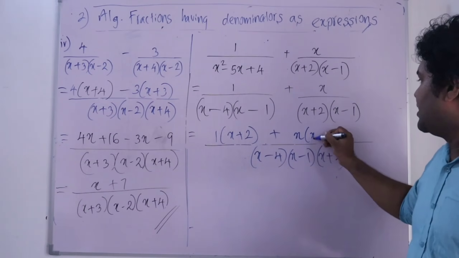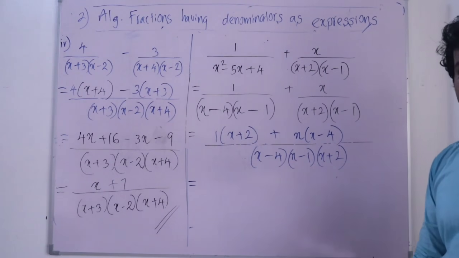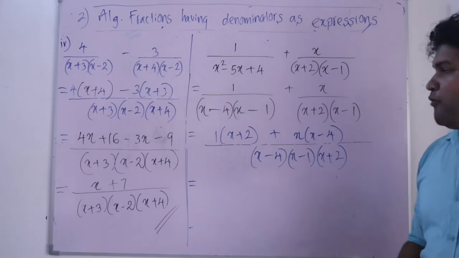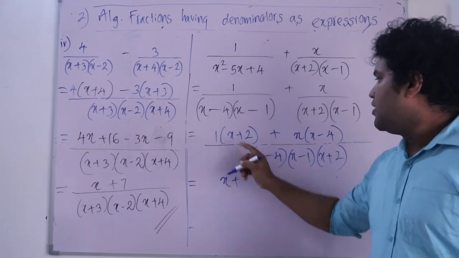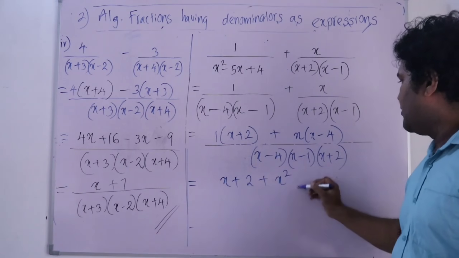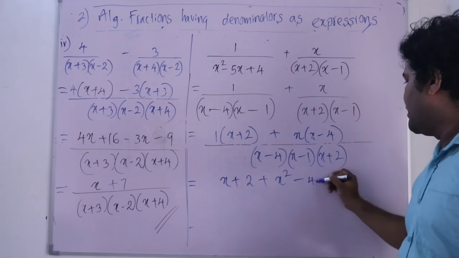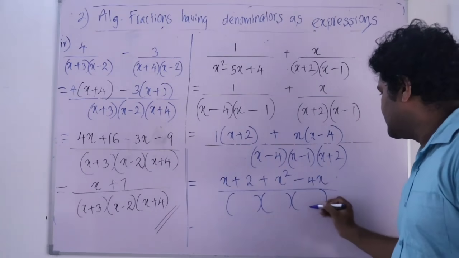Therefore, x times x minus 4. Okay, now we have to do the maths further. 1 into x is x, 1 into 2, x into x is x squared, x into 4 is 4x, and we have the brackets.